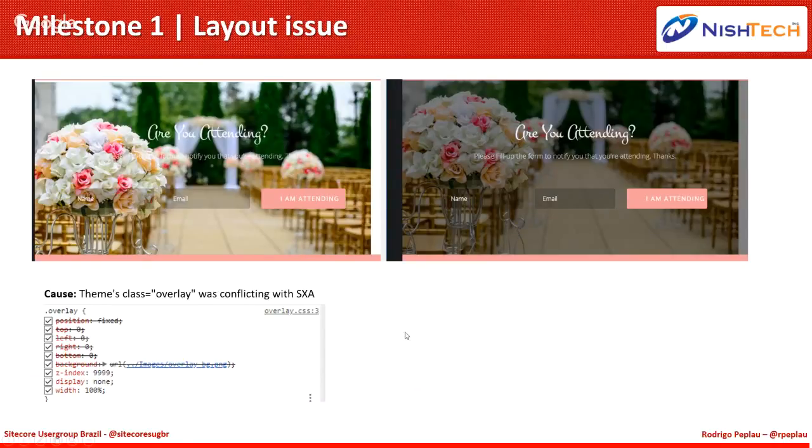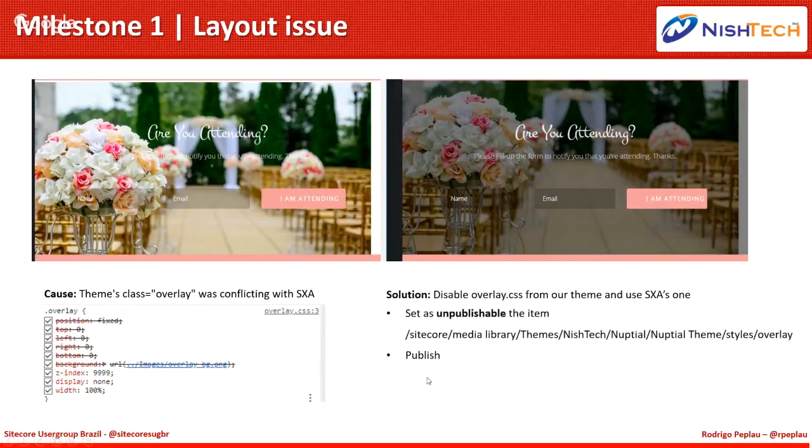I'm sorry, by my template, and was conflicting with the SXA. So we disabled the CSS theme from SXA by setting that as unpublishable. So the overlay CSS file is not injected anymore, and our layout is respected.